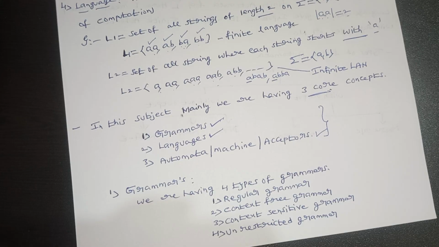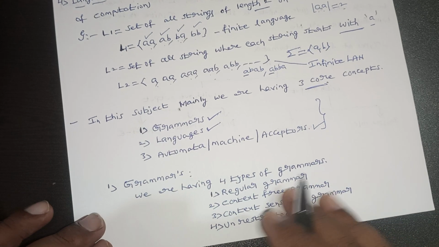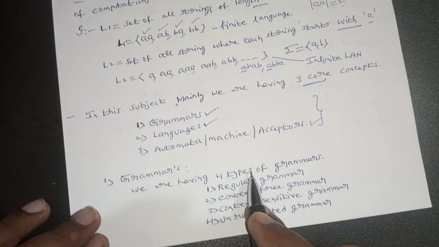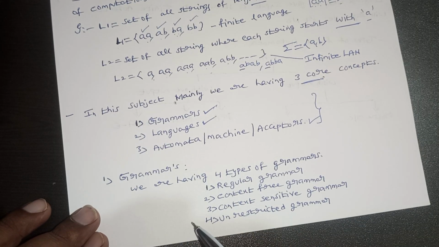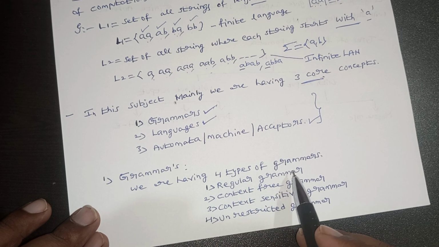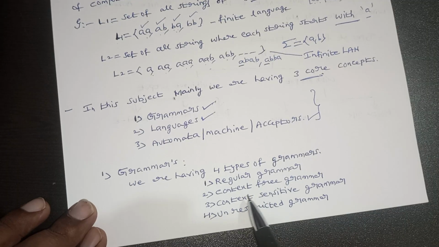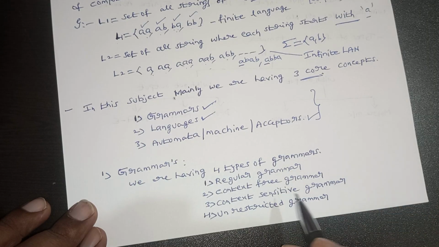Now coming to grammars, we are having four types of grammars. I'll tell you when we go in depth what a grammar is and all those things. The four types are regular grammar, context-free grammar, context-sensitive grammar, and unrestricted grammar. These are the main types of grammars.